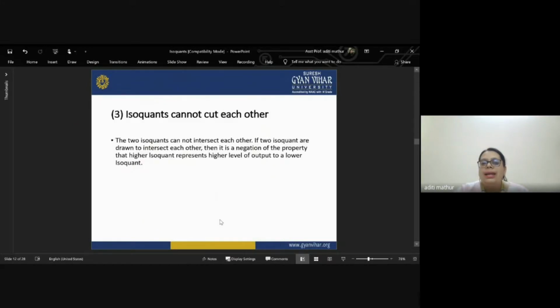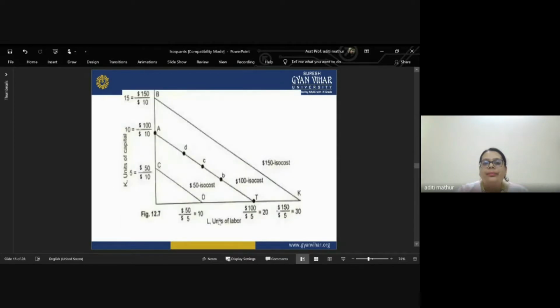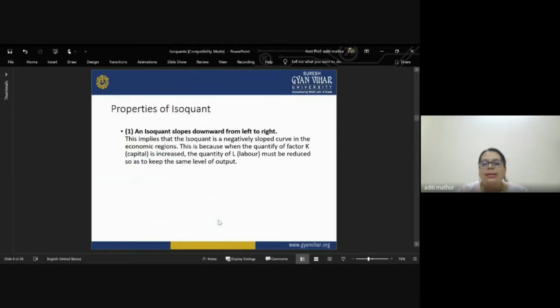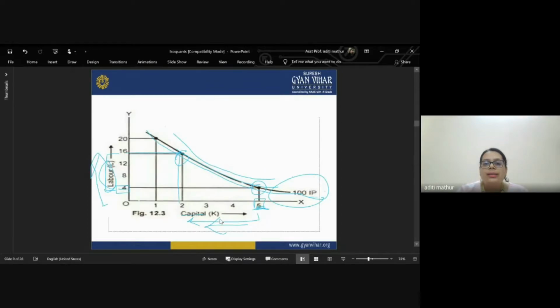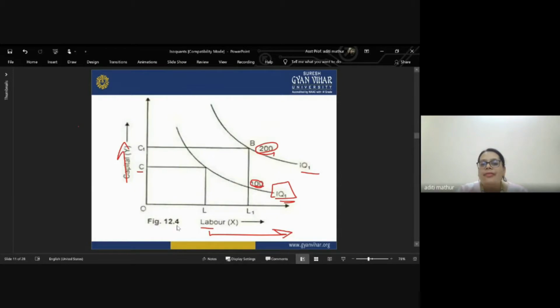But previously, we were increasing one and reducing the other. If you can see over here, one was increasing, the other was decreasing, and that is why we were on the same level of output. But the moment we increased both the factors, we shifted from one point to another, that is, from 100 units to 200 units of output, to the upper level.